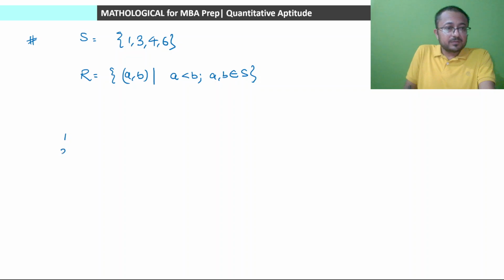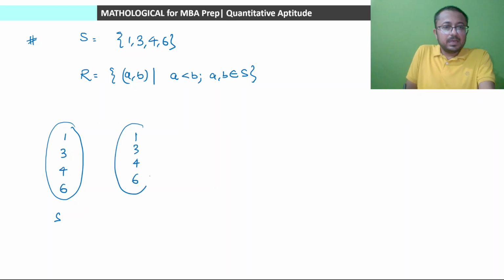S is 1, 3, 4 and 6. And the relation is defined in such a manner that a, the first element of the ordered pair, should be less than the second element of the ordered pair.